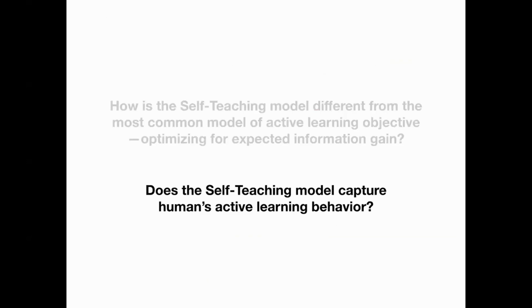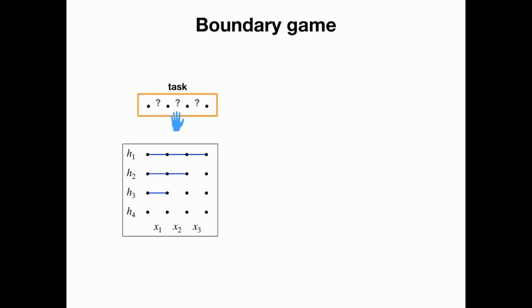Now we come to the second question. Does the self-teaching model capture humans' active learning behavior? We will look at a couple of specific cases. For this boundary task, the task is to probe one of 3 locations to figure out which of the 4 hypotheses, H1 through H4, is the underlying hypothesis.